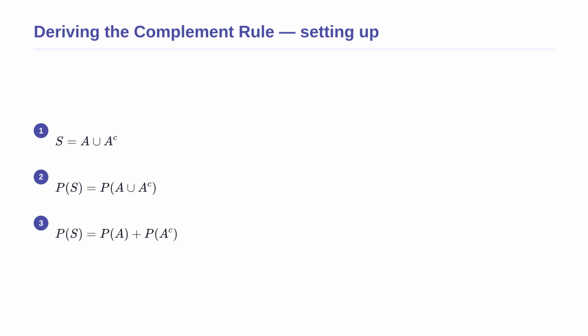They have zero overlap. Because they are mutually exclusive, we can apply our third axiom once again. This allows us to split the probability of the union into two separate pieces, the probability of A plus the probability of A complement. This logical step forms the core of our proof.